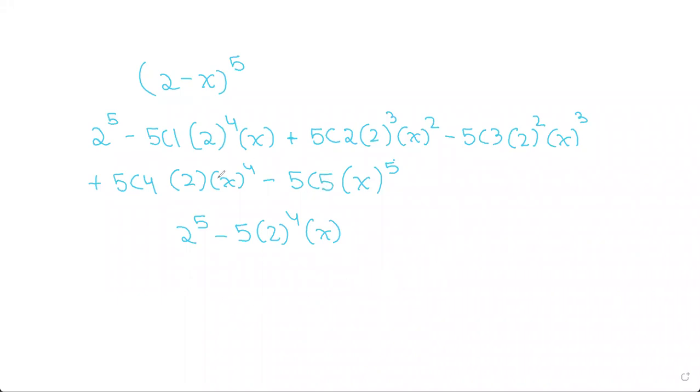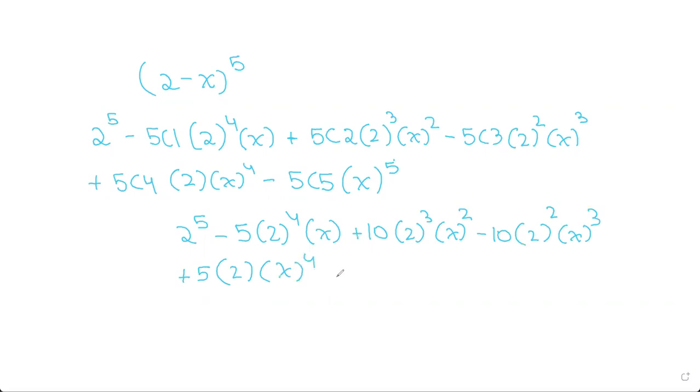So now you do 2 to the power of 5 minus 5 into 2 to the power of 4 into x plus 10 into 2 to the power of 3 into x square minus 10 into 2 to the power of 2 into x cube plus 5 into 2 into x to the power of 4 minus x to the power of 5.